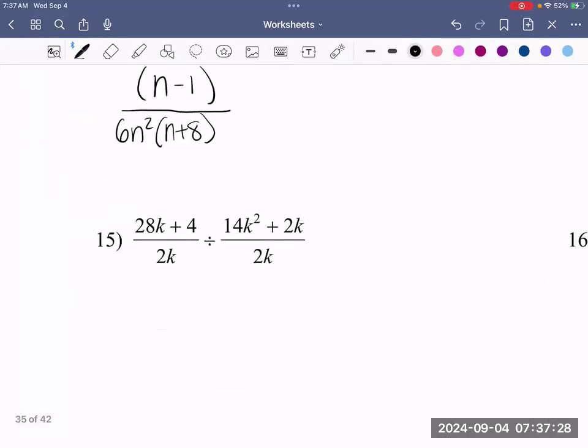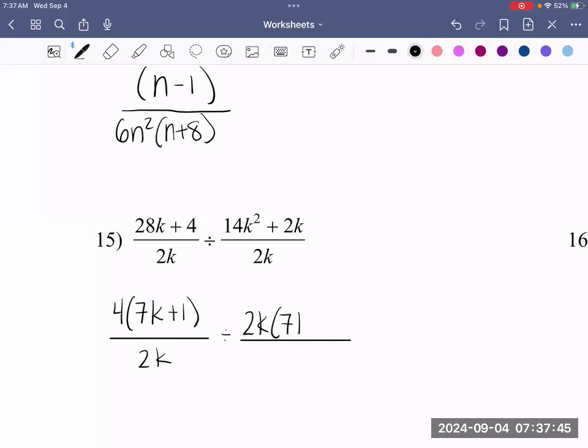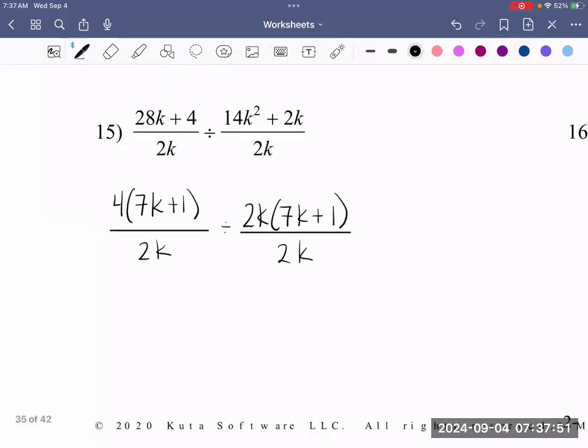All right, factoring out a 4, we're left with 7k plus 1 over 2k divided by, factoring out a 2k, so 7k plus 1 placeholder, 2k. We're going to keep, change, flip the rightmost term. That one's doing the dividing.